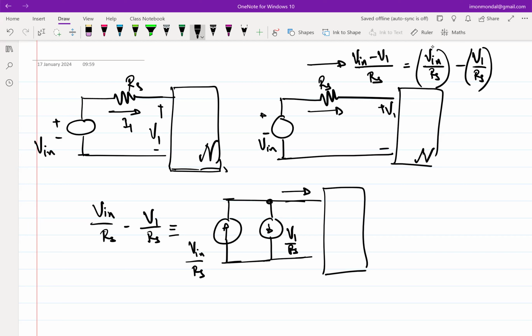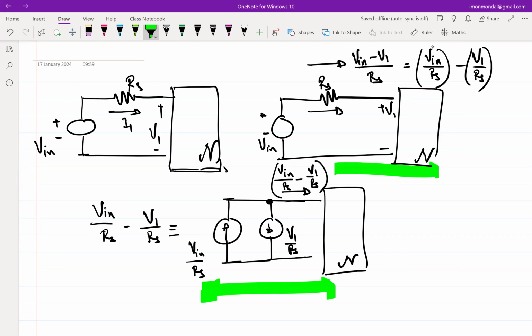Same, right? V in over Rs minus V1 over Rs. So do you think this situation and this situation are the same with regards to whatever is happening to the network N?